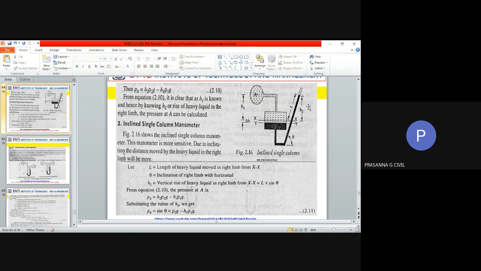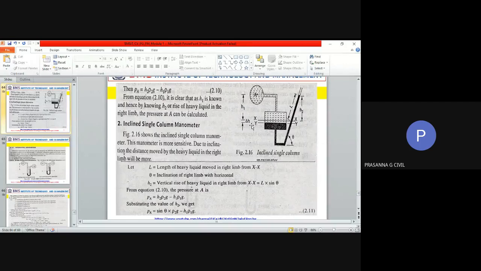So this figure is that of a single column manometer, but it is inclined. So what do you mean by a vertical single column manometer? When the right limb is perfectly vertical and facing the atmosphere. Whereas the same single column manometer can be called inclined if your right limb is inclined at an angle of some degrees.